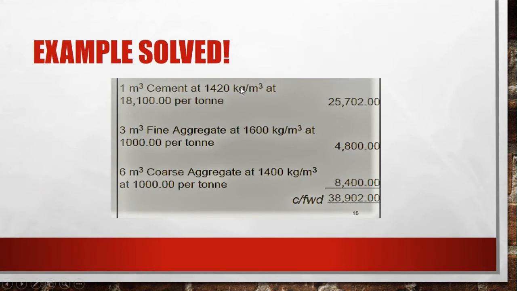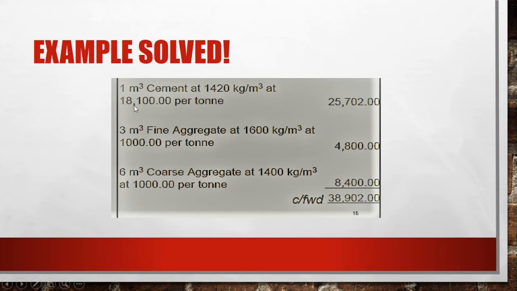The mass in 1 meter cube of cement is 1420 kilogram. We convert this to tons because the price is given per ton, so 1420 kilogram into tons is 1.420.